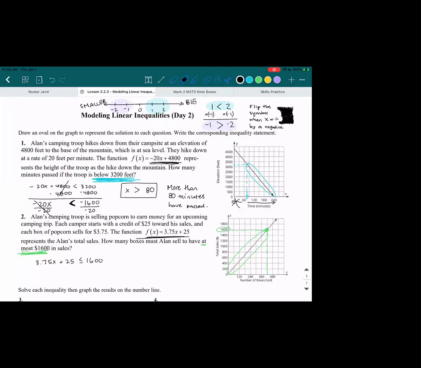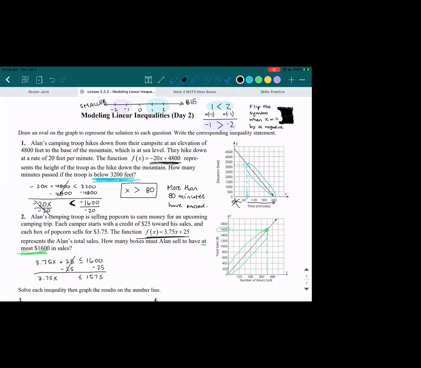Now to solve for x, we're going to subtract 25 from both sides. These cancel out. We get 3.75x is less than or equal to 1,600 minus 25, which is 1,575. Oh, sorry, there's an x here, my bad. So 3.75x is less than or equal to 1,575.